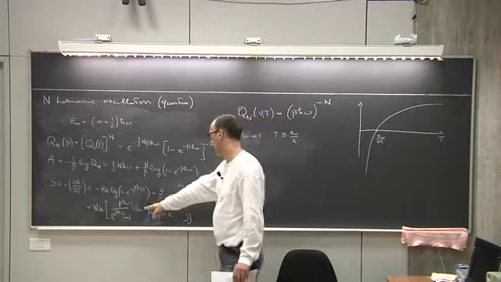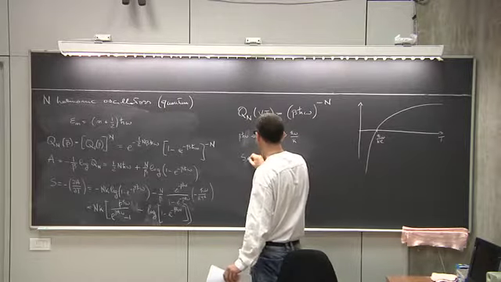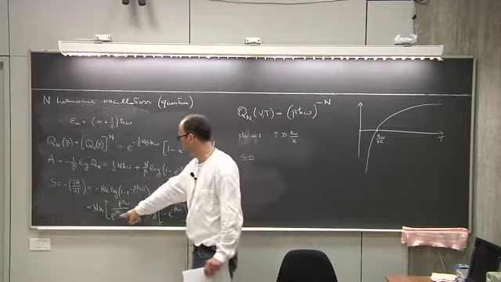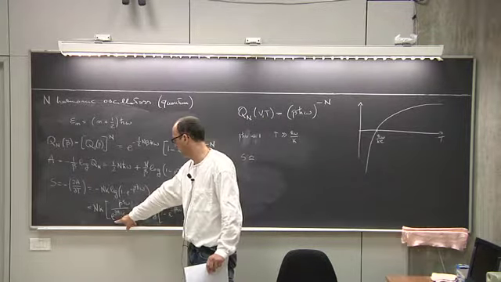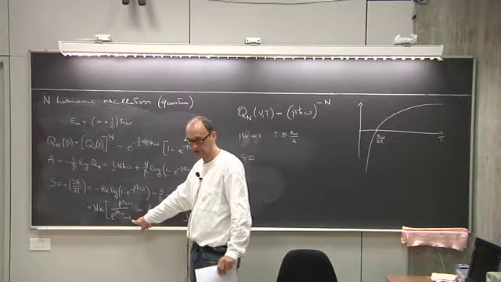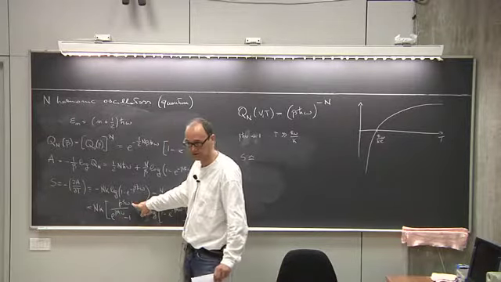So the entropy will be, to the leading order, when you make the expansion, e to the beta h bar omega minus 1 is just beta h bar omega, which cancels the one below.